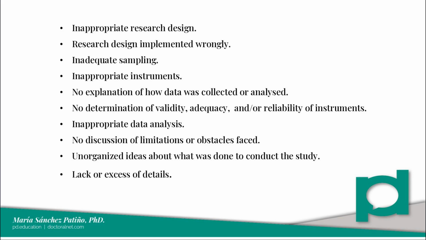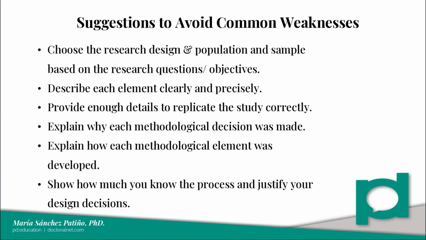And then you say, okay, this is the kind of thing that I don't have to do, and how can I avoid them? Well, to avoid these weaknesses, you have to make explicit the relationship between the methodological elements, your decisions, and pivotal elements like the research problem, the purpose, and the research questions or objective.